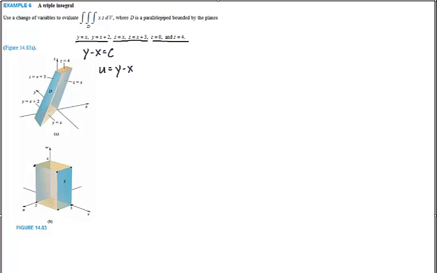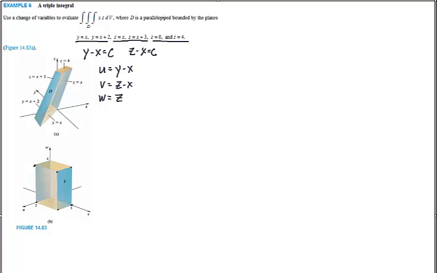This one, we're going to say that this is some z minus x equals c. So let's have that be v equals my z minus x. This one is just a z, so let's just say w equals z. And this will be my transformation equations.